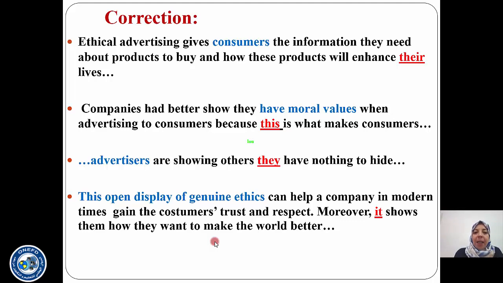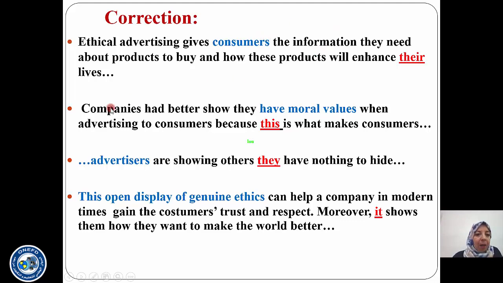Ethical advertising gives consumers the information they need about products to buy and how these products will enhance their lives. So what does it refer to? Their lives, we are talking about the lives of the consumers, okay, in the same sentence.